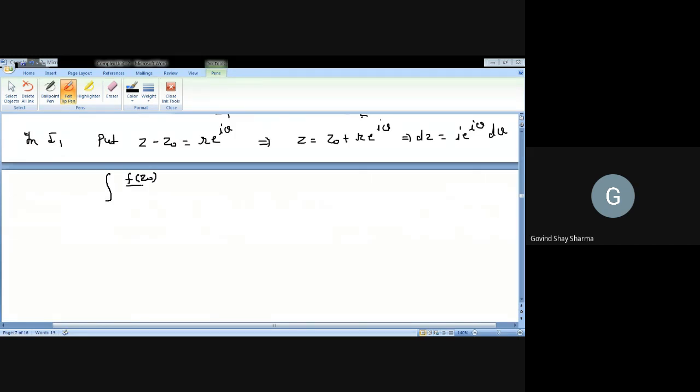So we put the values. f(z0) is taken out, the integral of dz upon z minus z0 equals f(z0) times the integral from 0 to 2 pi. z minus z0 becomes r e to the power iota theta, and dz is r iota e to the power iota theta d theta. We integrate: r cancels with r, e to the power iota theta cancels with e to the power iota theta, leaving iota d theta.